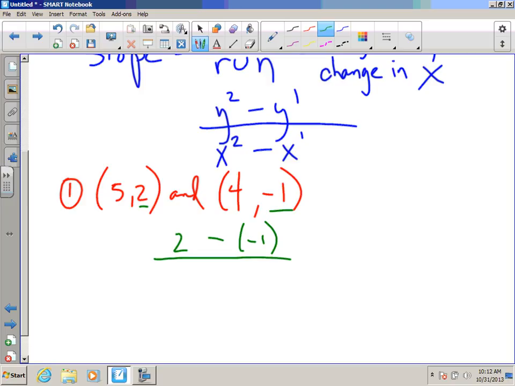And the difference in x, 5 minus 4. A 2 minus a negative 1, Marlia, is 3. 5 minus 4 is 1. Your slope is 3.